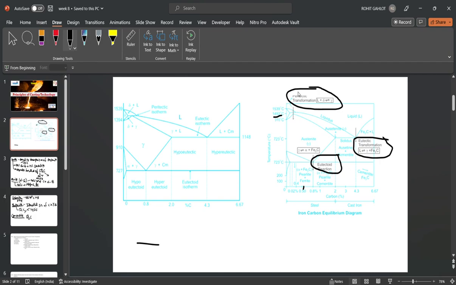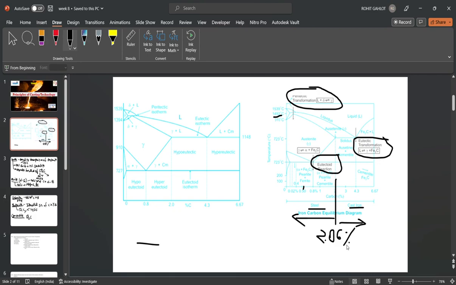Beside this, the iron carbon alloys containing up to around 2.06% of carbon are called steels. Less than this particular composition it is steel, and above it, up to a maximum of around 6.67%, it is termed cast iron.